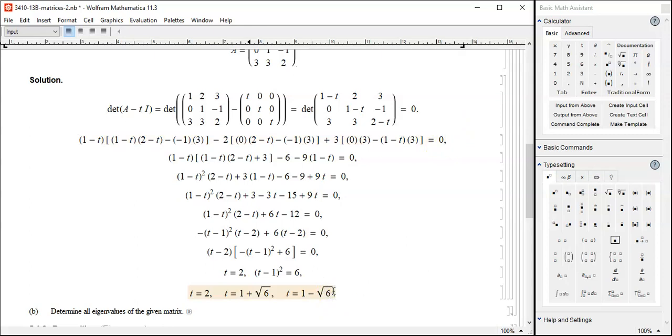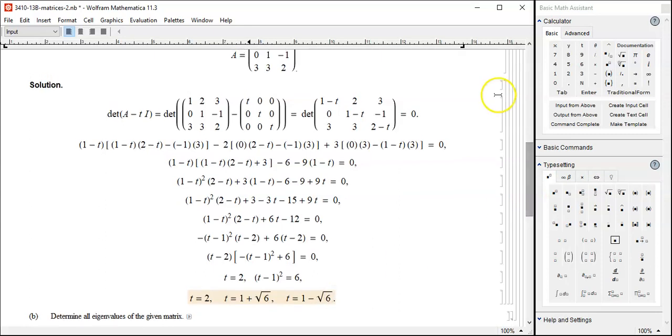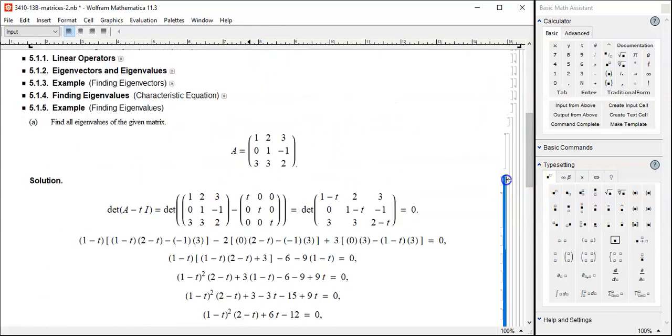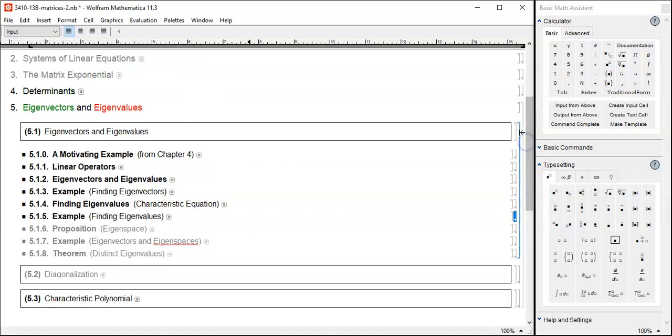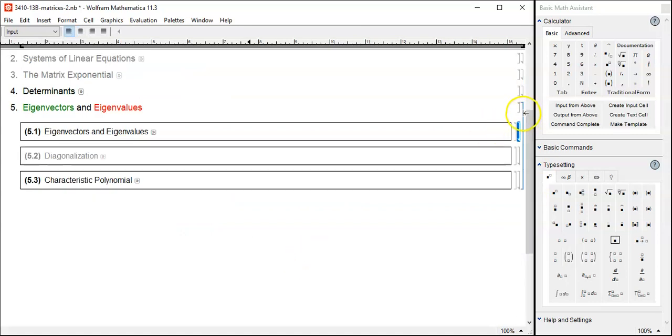So once you have those solutions, those are eigenvalues, so you can use the previous method to find out the eigenvectors. Tedious process, but each step is elementary. Okay, so much for eigenvectors. And in the next video, we're going to talk about a little bit more theory about eigenvectors and eigenvalues.